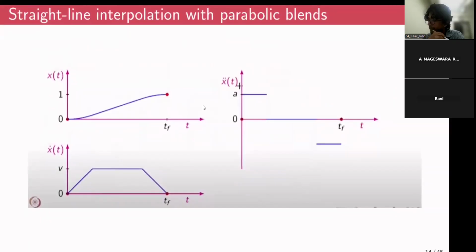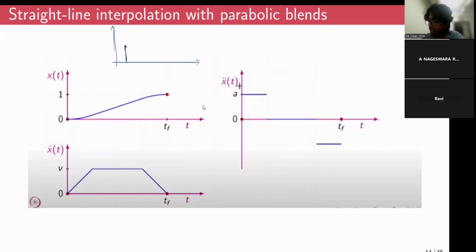Another scheme is what we call straight line interpolation with parabolic blends. So, if you plan a trajectory just with a straight line, we have already seen this earlier, right?